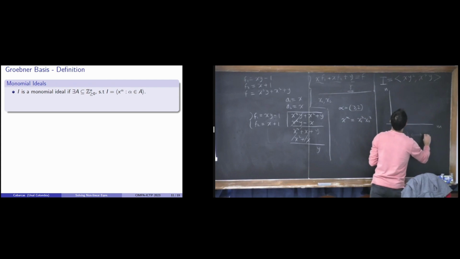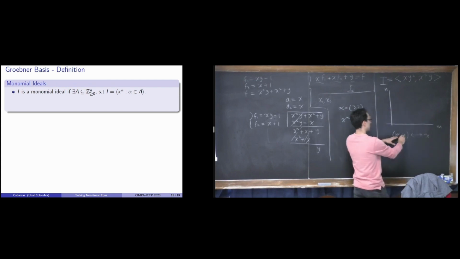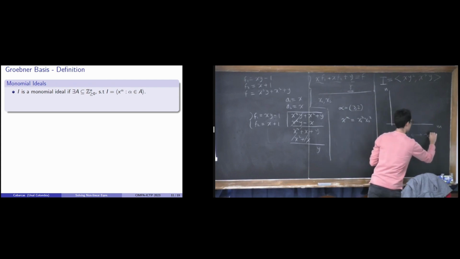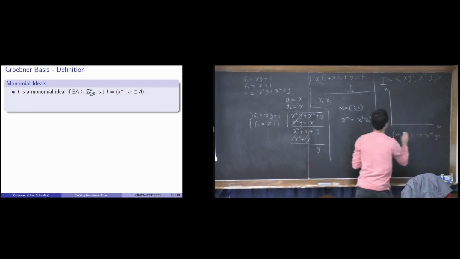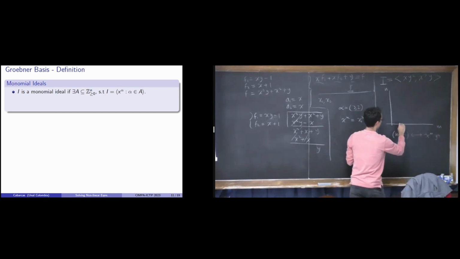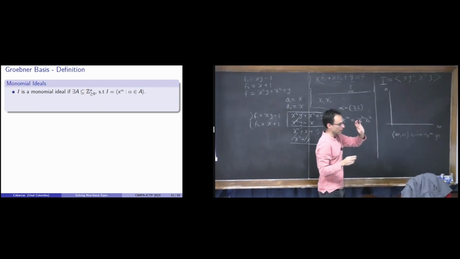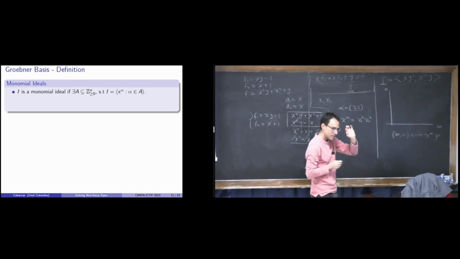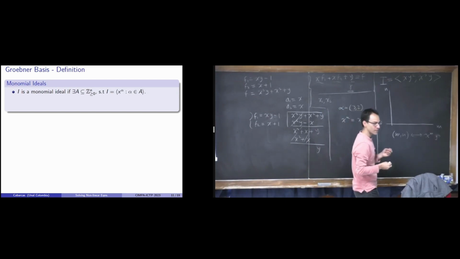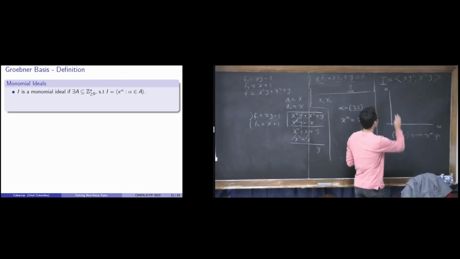Here I'm thinking of x to the n, y to the n, as the exponents. I'm just trying to show the exponents, the monomials that are involved in these polynomials in this ideal.